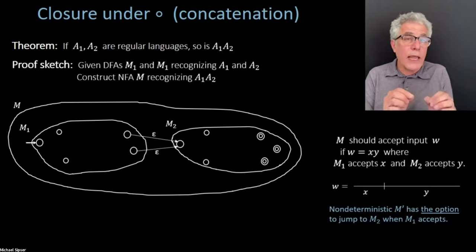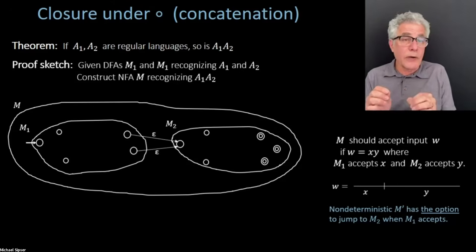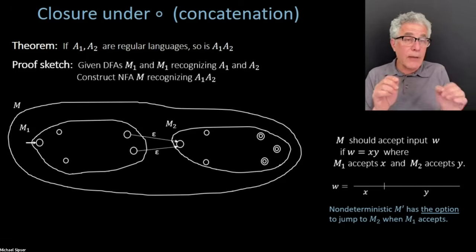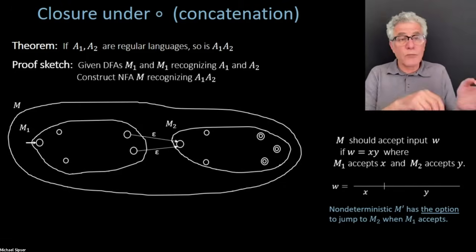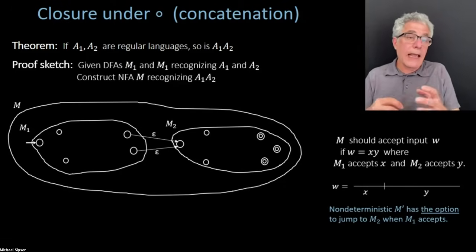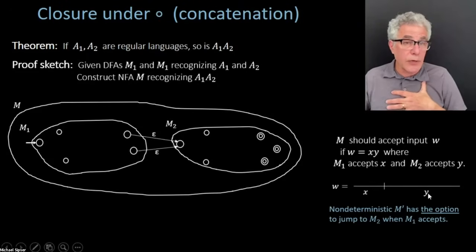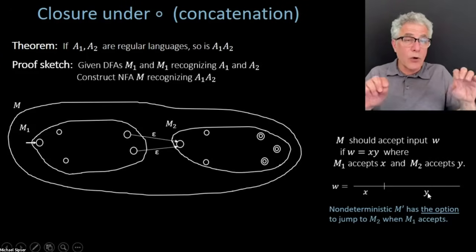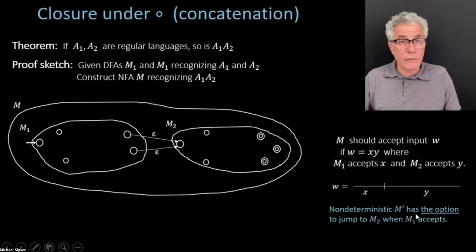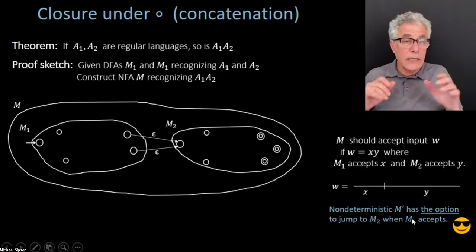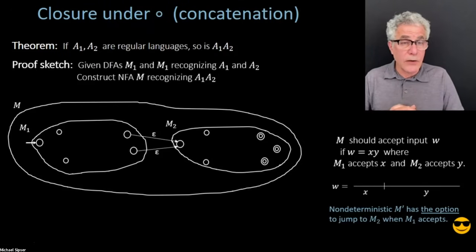If there is some way to split the string into two parts accepted by M1 and M2, the machine will make that good guess, and then M1 will accept the first part, and M2 will accept the second part, and we'll get M accepting that whole string altogether. And so that is the solution to our puzzle for how to do closure under concatenation.